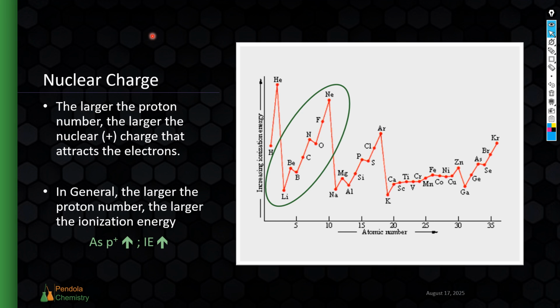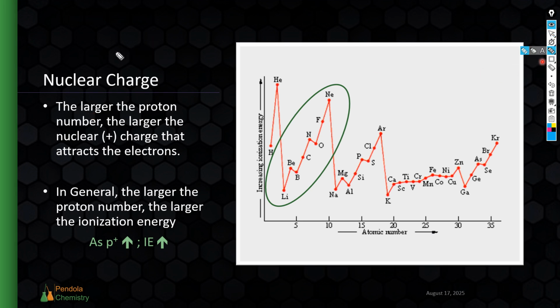And this is pretty straightforward. The larger the proton number is, and the proton number, remember, tells us the number of protons, also known as the atomic number, the larger the nuclear charge that element has, and that attracts the electrons. Positives and negatives are going to attract each other.